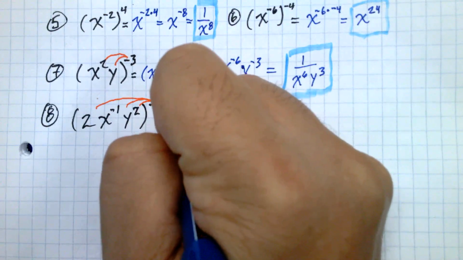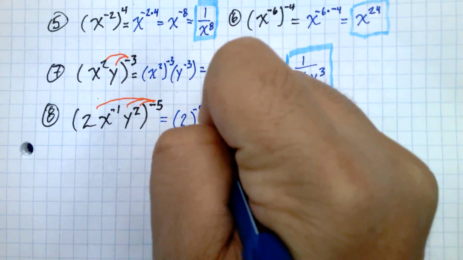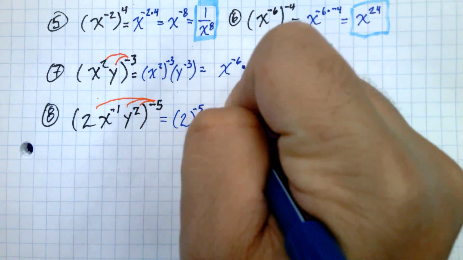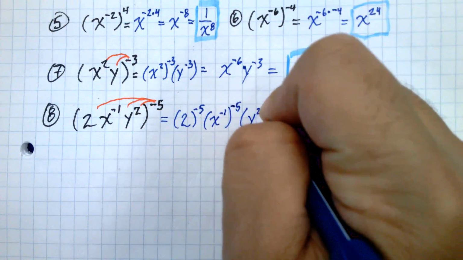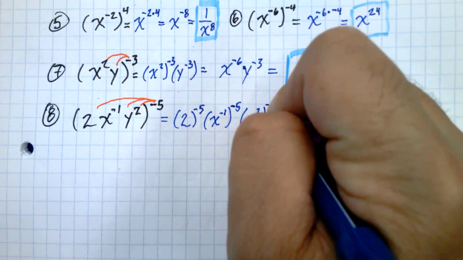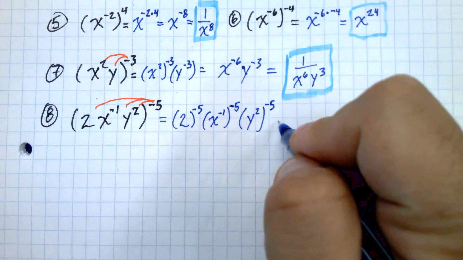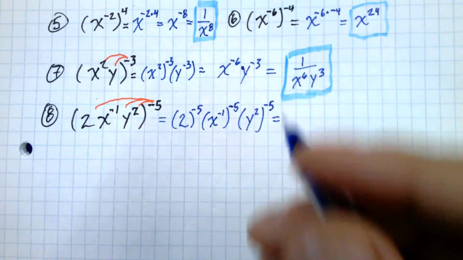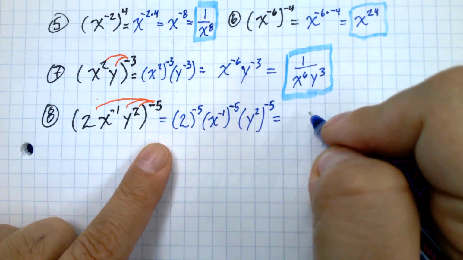So 2 to the negative 5, x to the negative 1 to the negative 5, y squared to the negative 5. Every one. Then we'll simplify that step. So this is going to be, well, 2 to the negative 5.